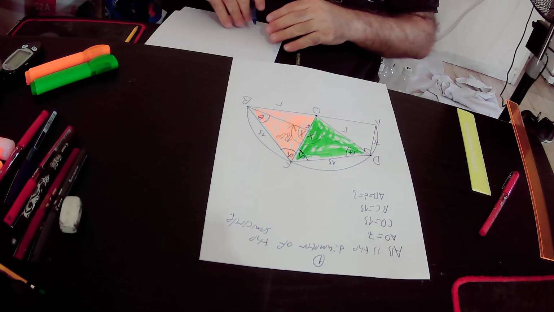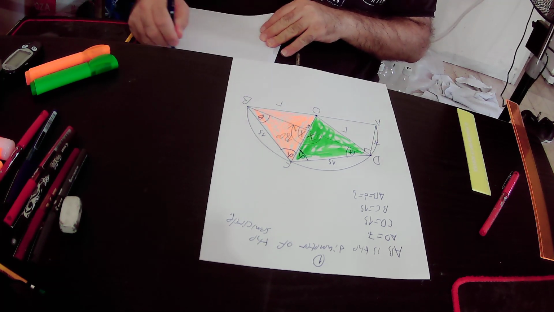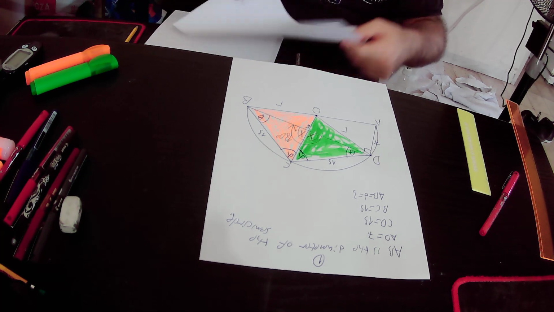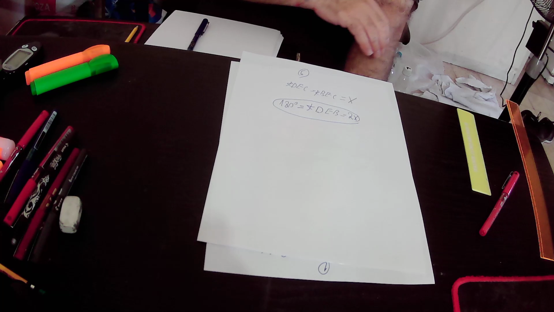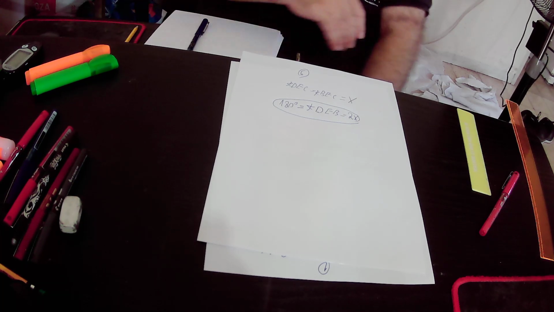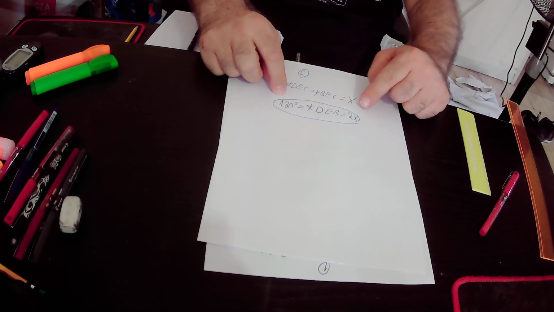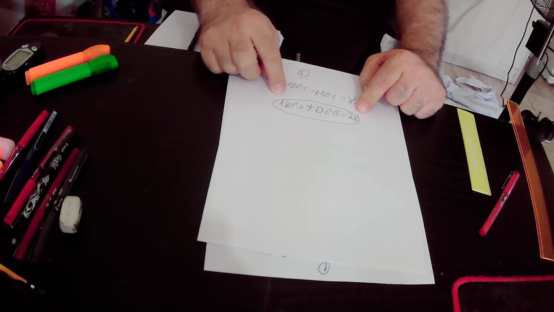So we have this equality that states that angle DEB equals 180 degrees from one side, but from the other side, the size of angle DEB is 2x.